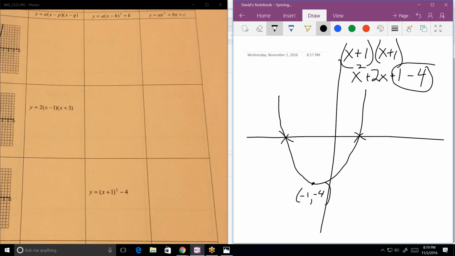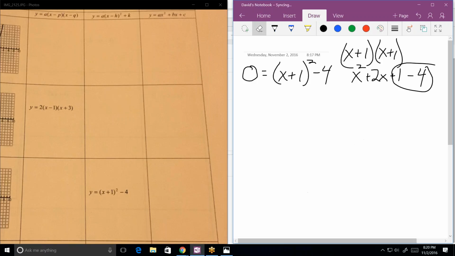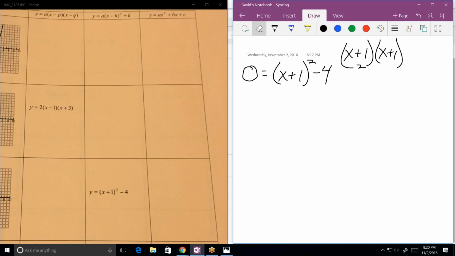So I can take this equation right here and set y equal to 0 and solve it. Let's solve that equation. Let me erase the picture because we no longer need it.